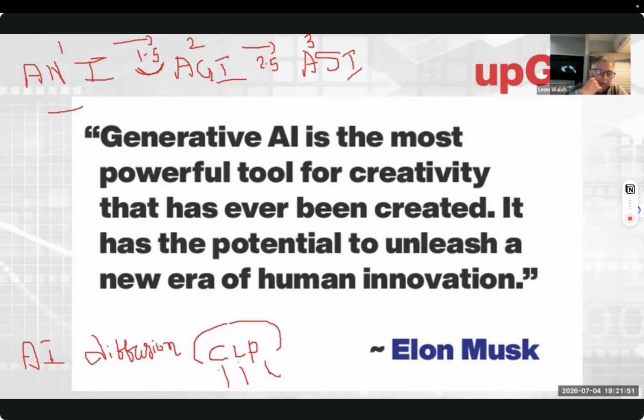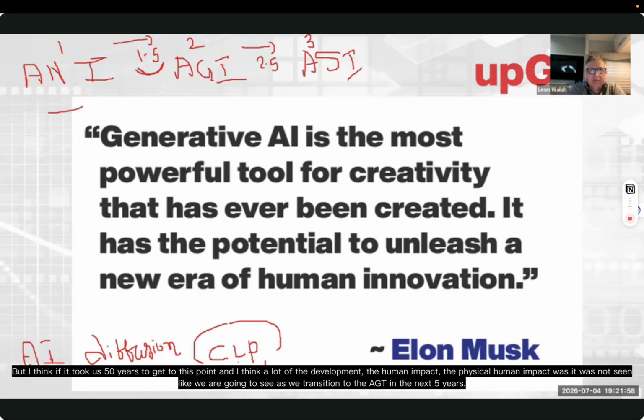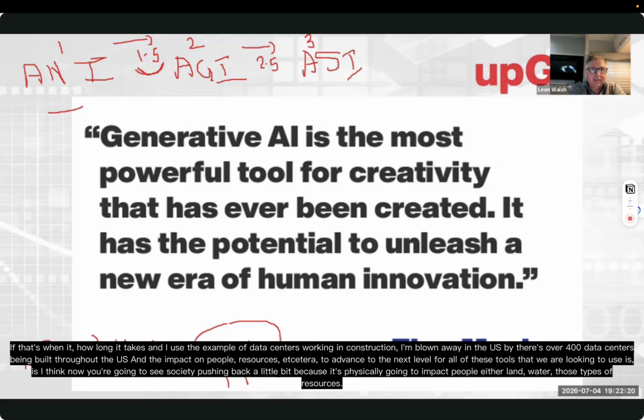Thank you. You kind of touched on it with the last comment, but if it took us 50 years to get to this point, a lot of the physical human impact was not seen like we are going to see as we transition to AGI in the next 5 years, if that's how long it takes. I use the example of data centers and construction.